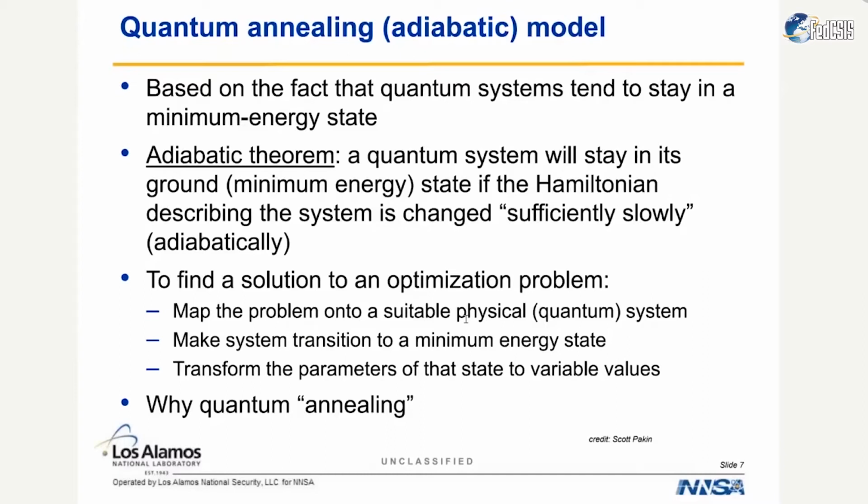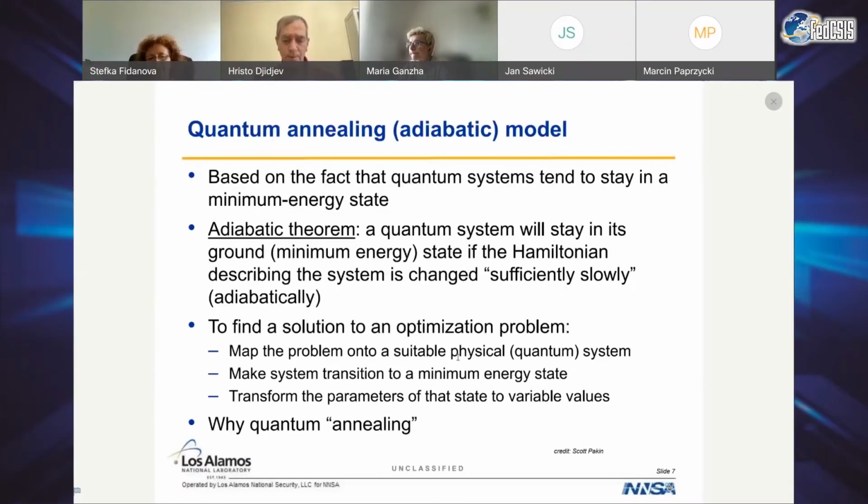Okay, so to find a solution of an optimization problem based on this theorem, we can take the following steps. First, we start with some mathematical optimization problem, and we prepare a suitable physical quantum system that corresponds to our problem of interest.